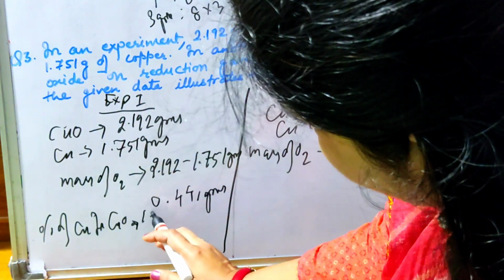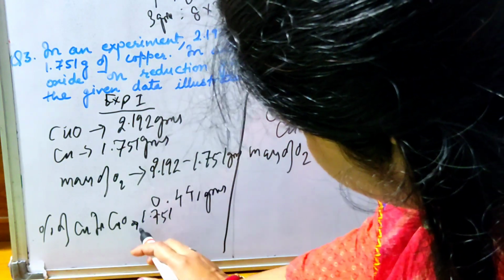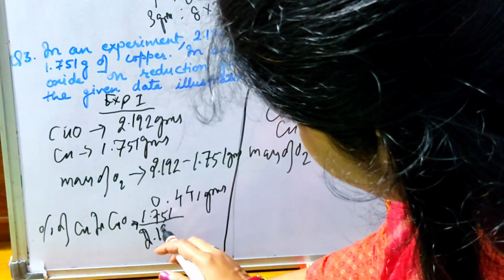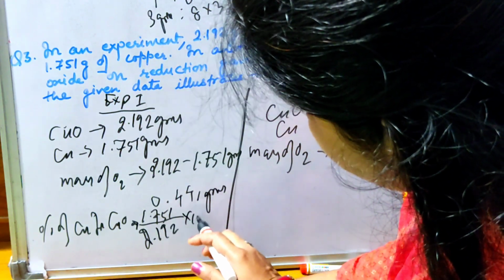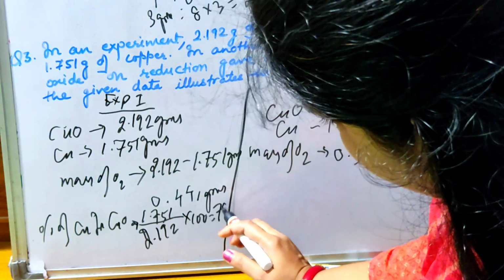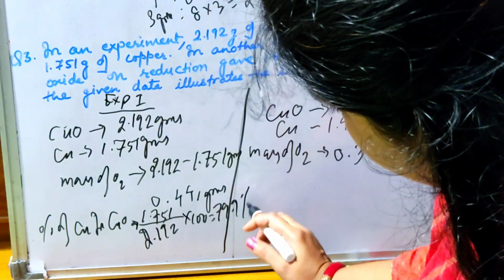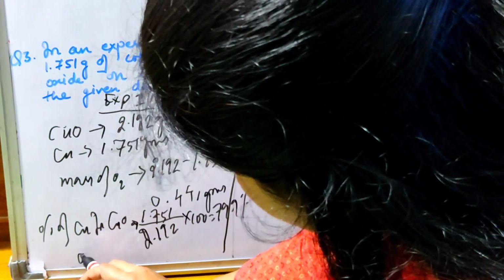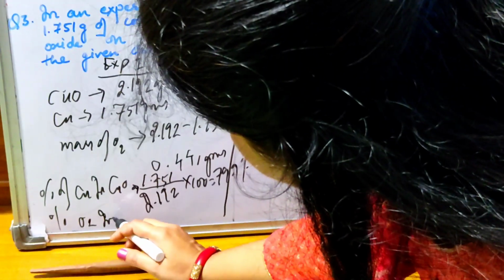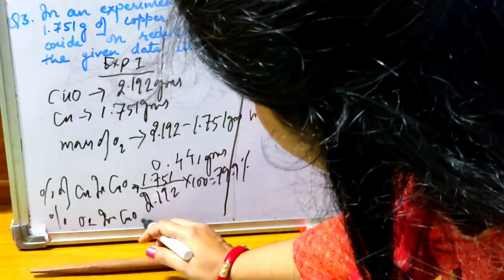So it will be 1.751 by 2.192 into 100, and this value is nearly equal to 79.9%. Okay, and similarly you can also find out the percentage of oxygen in CuO, copper oxide.